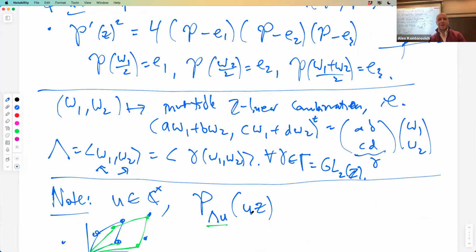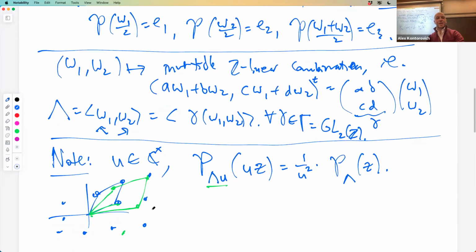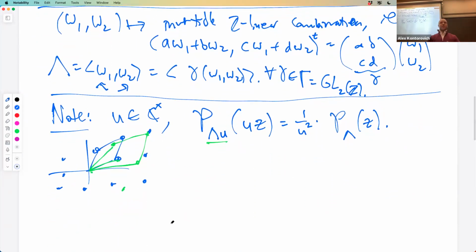So that's 1 over U squared times P at the original lattice at Z. And in this way, we can reduce studying P on any lattice to studying P on a particular kind of lattice, a normalization for the space of lattices. So we'll say that two lattices are equivalent if one is just a rotation or a rescaling of the other.